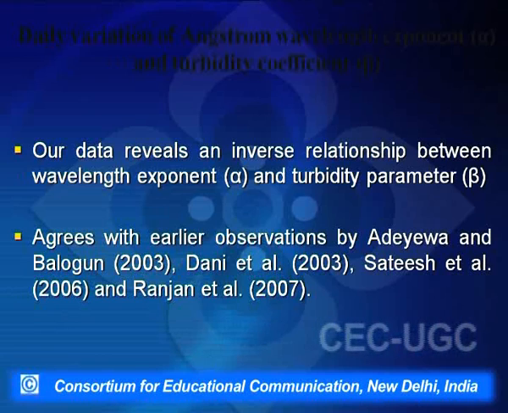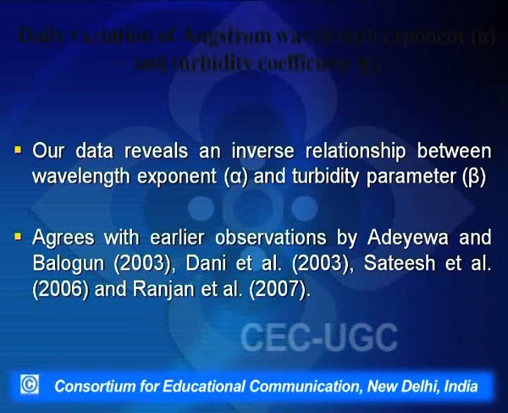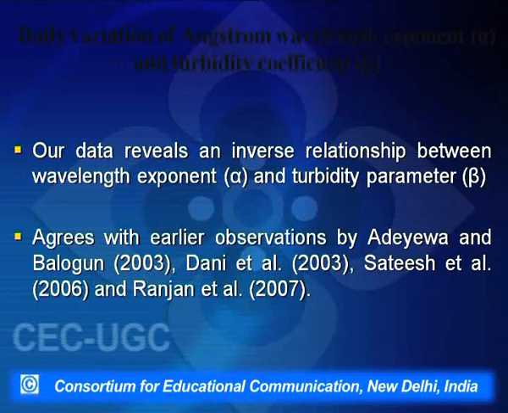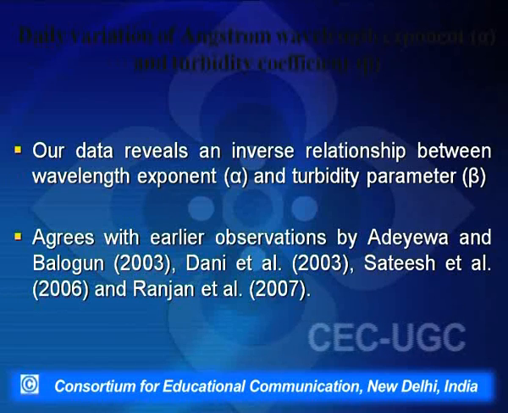When it is less polluted, the distribution is dominated by the larger particles. So whatever pollution we observe, if it is intense, it is mainly because of the finer particles, and these were the results already reported at various places. So, it was in total conformity with those results.